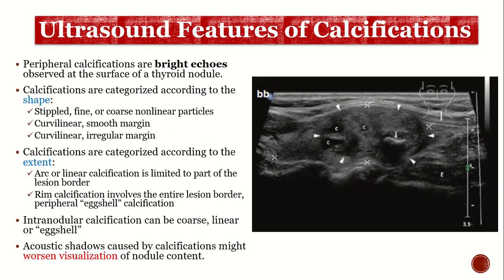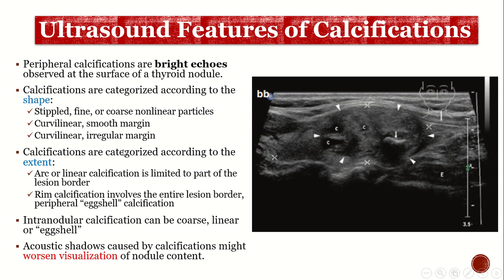We should be familiar with the features of calcifications. They are bright echoes seen within the thyroid nodule or around it. They may be classified according to shape: stippled, fine, or coarse, non-linear particles, curvilinear with smooth margins, or curvilinear with irregular margins.